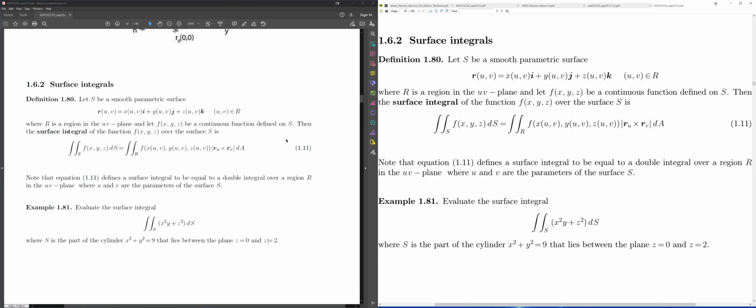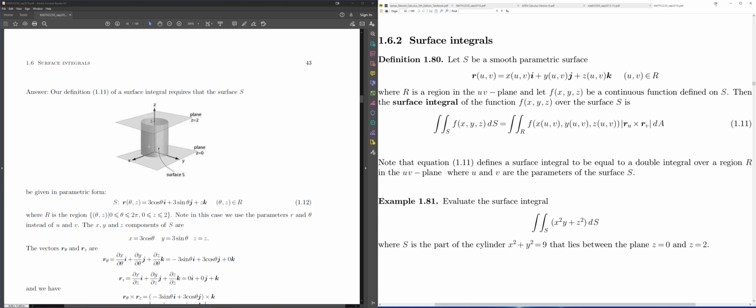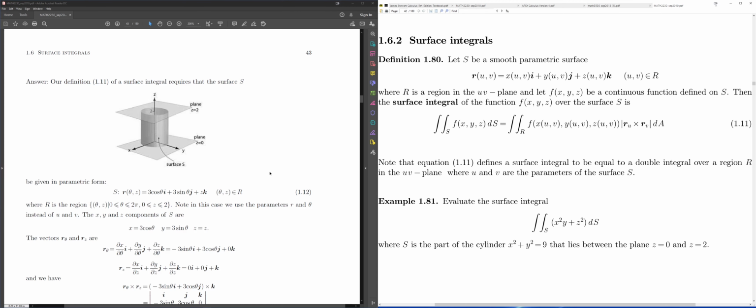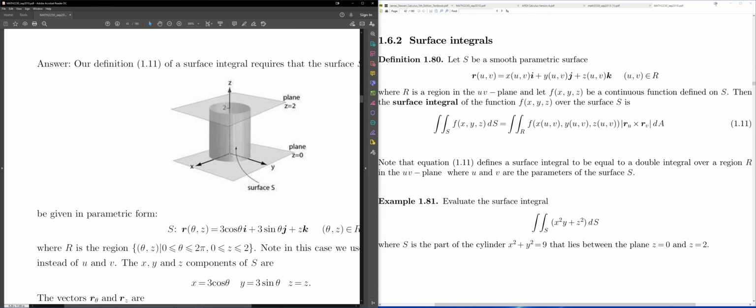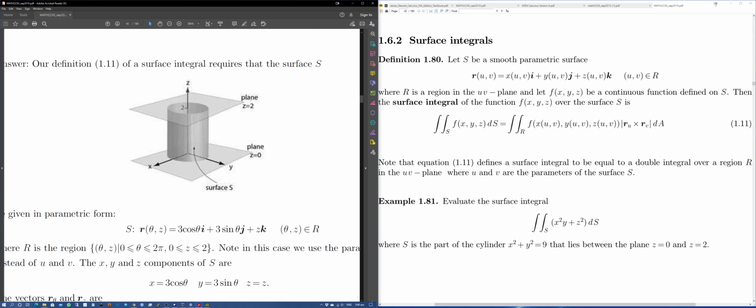For example, this cylinder over here is a cylinder lying between the plane z equals 0 and z equals 2, and it has radius 3.